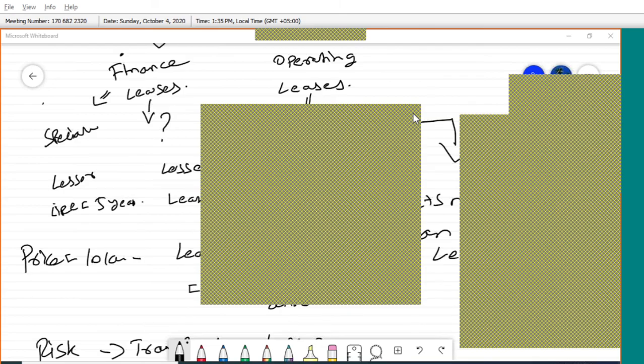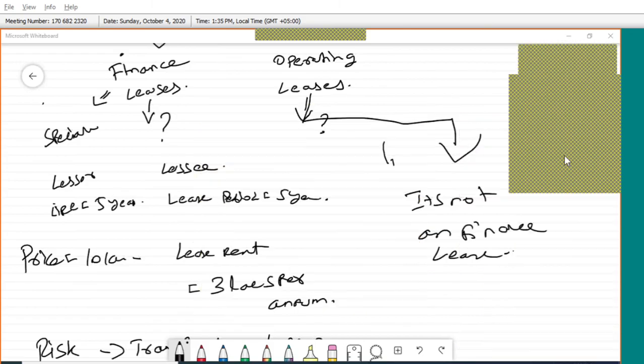Once again, if the risk and reward is transferred from lessor to lessee, lessor is the actual owner, lessee is the user. What is risk? Maintenance of the asset, damage, if any damage happens, the lessee has to take care.